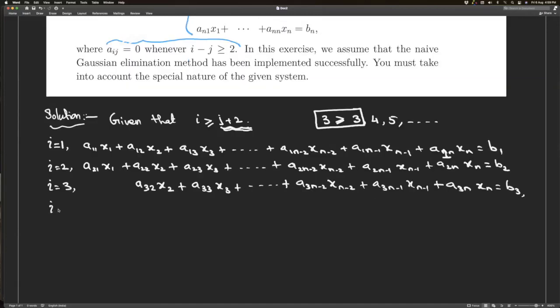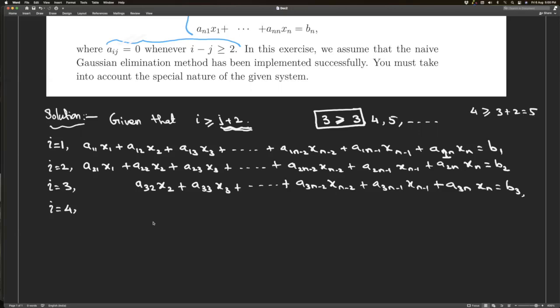Now the fourth equation, you can see that the first term satisfies, second term satisfies, and the third term will not satisfy, because you have i is 4 and the third term is going to be 3 plus 2, that will become 5, right?